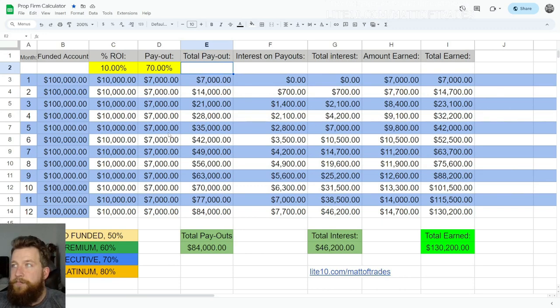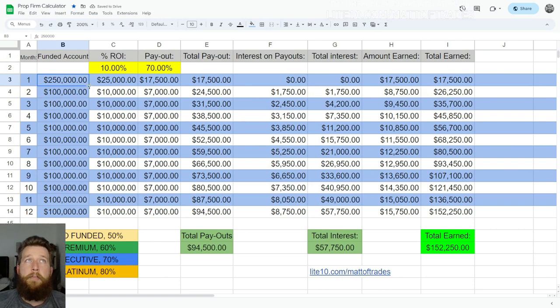Now, obviously, the bigger your account size is, the smaller the return that is required to make good chunks of money. So let's say you're able to find a prop firm and you're able to pass a $250,000 tryout.